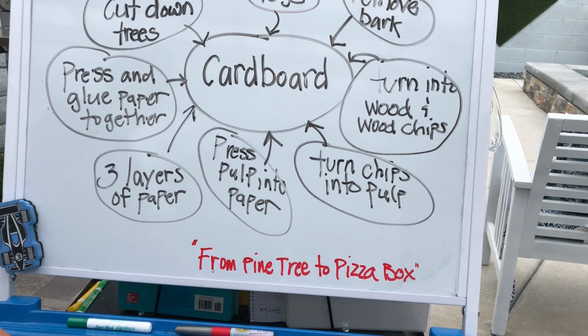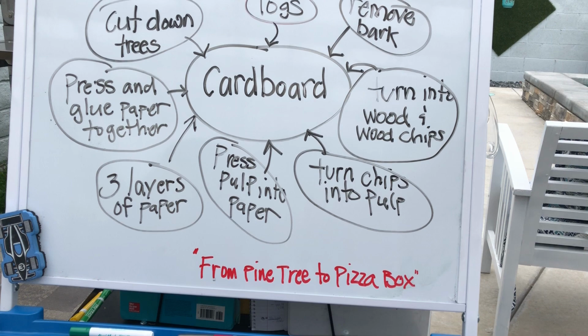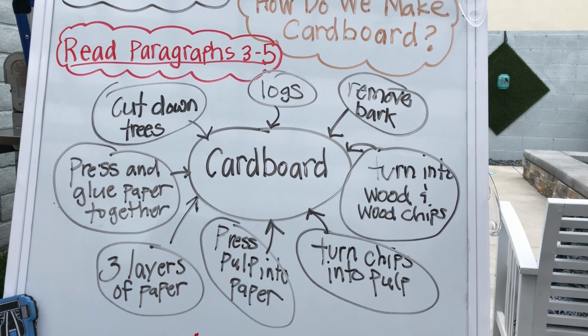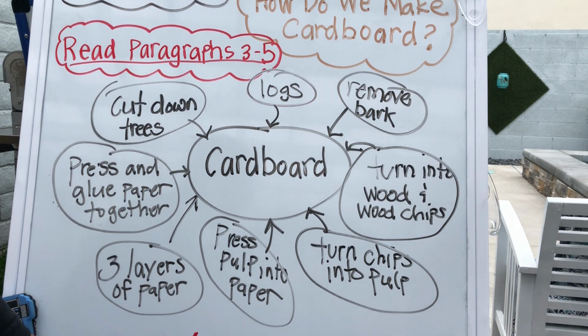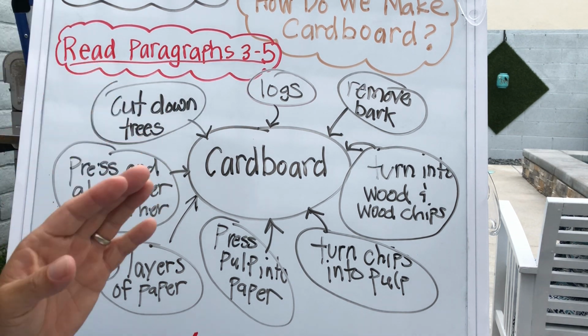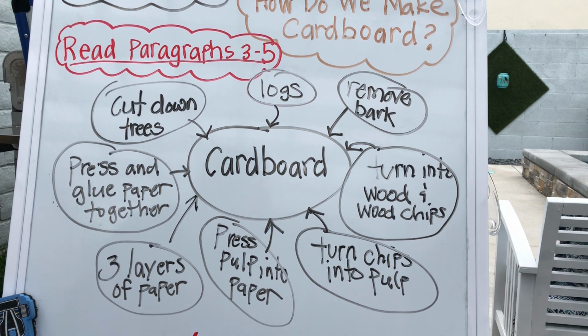Okay, now, we want to make sure that we read the correct section. So I wrote down, just to help you, make sure you read paragraphs 3 through 5, because those paragraphs are the source of our information.